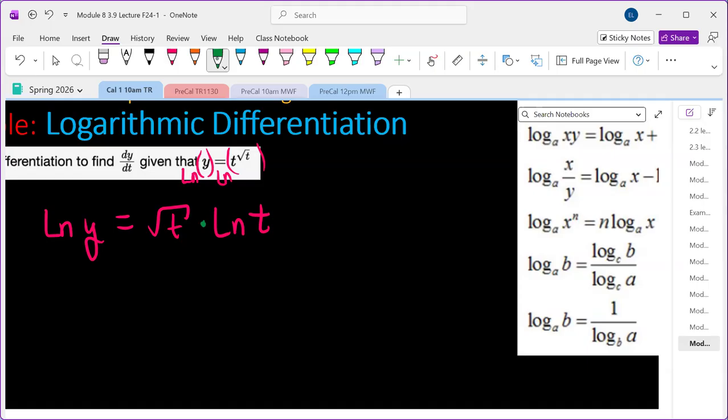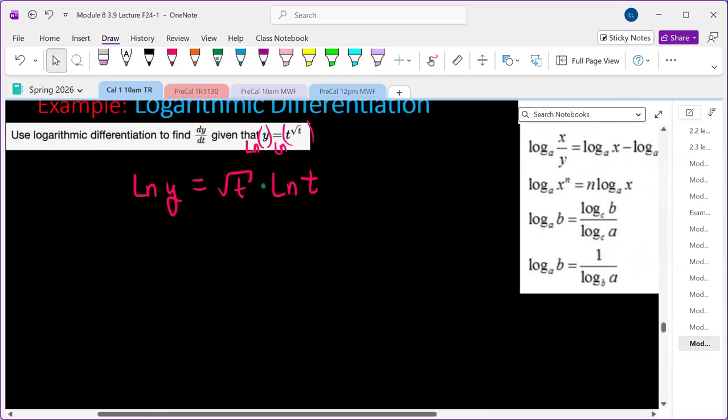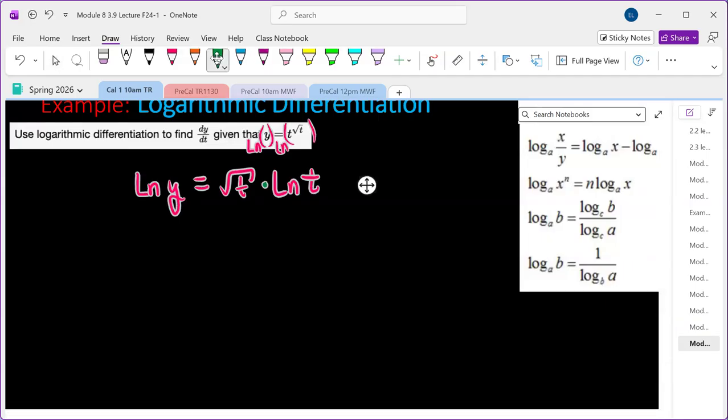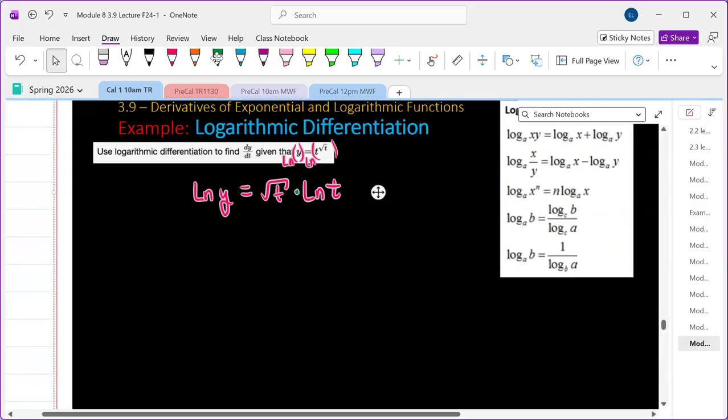So now this is an annoying product rule, but now this is something I can take the derivative of. So we're taking the derivative with respect to t.